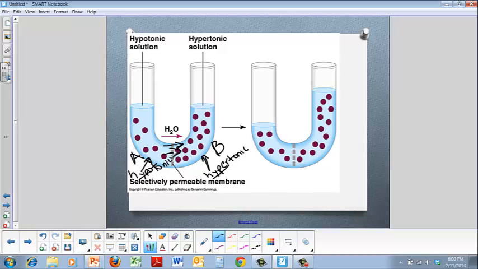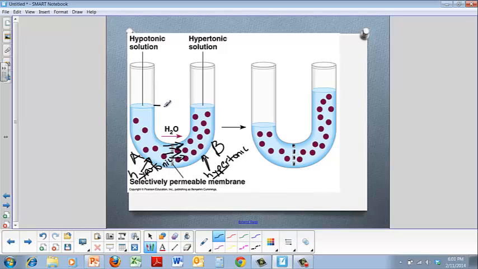And when we perform this experiment, in the middle here, they've placed a membrane that prevents the solutes from diffusing across that membrane. So you can't have that solute moving across it, only water. So this is a selectively permeable membrane, only allowing water to move through. Because we have a hypotonic solution and a hypertonic solution, the solutes are going to remain on the same side, but water is going to move from the hypotonic solution to the hypertonic solution.